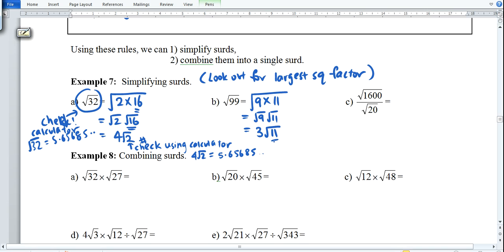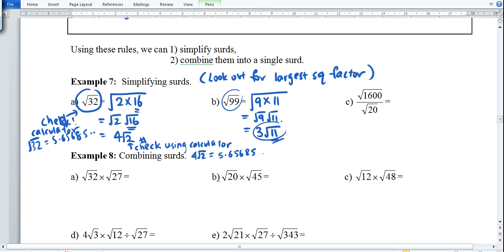Please check that square root 11 can no longer be broken up to get a largest square factor. So the answer will be 3 square root 11. Of course, you can always check using your calculator by calculating square root 99 and 3 square root 11.